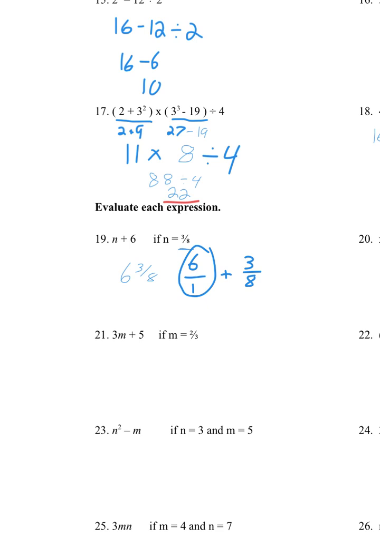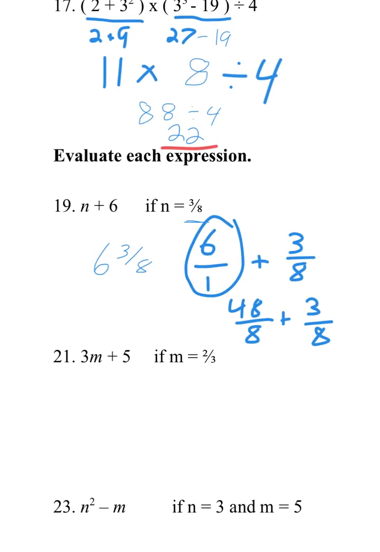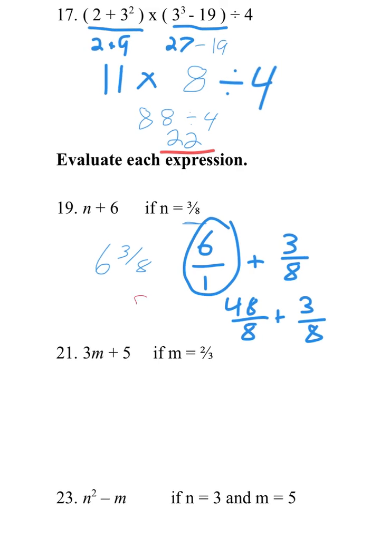And that would mean we would get 48 over 8. So 48 over 8 plus 3 over 8 is going to give us 51 over 8. When you change 6 and 3/8 from a mixed number to an improper fraction, you will find that you can get 51 over 8. So either of these answers are correct.